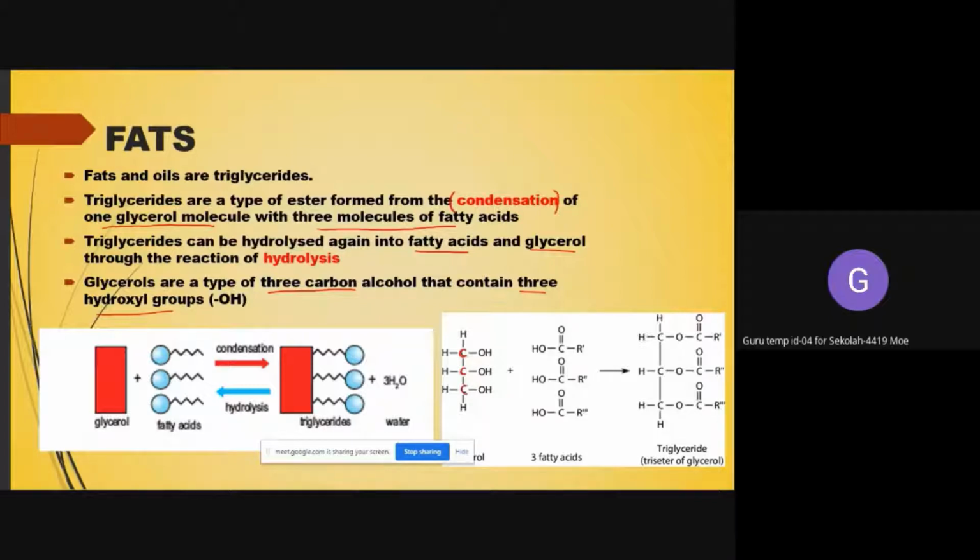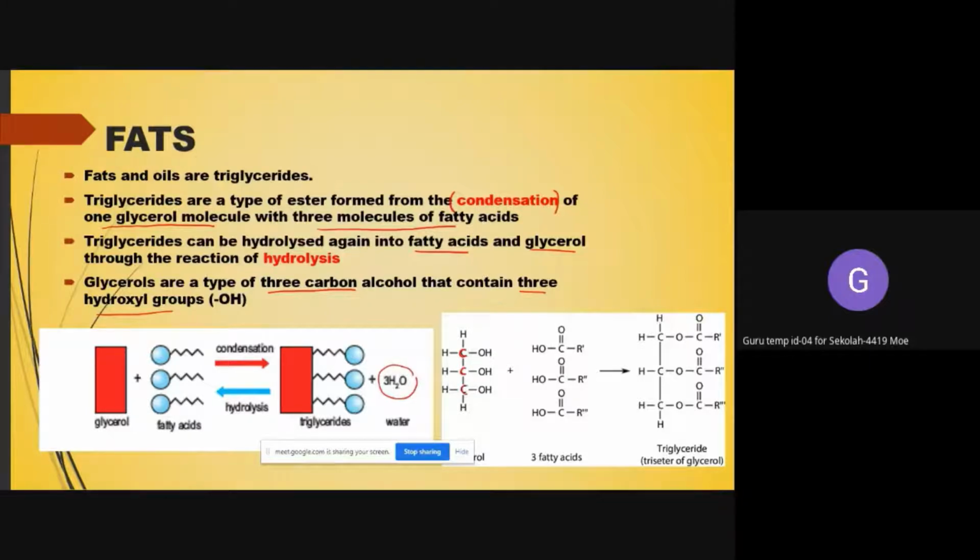So in the previous lesson you have learned that condensation will remove water molecule. So sama juga dengan condensation untuk triglyceride ni. It will remove 3 water molecule. So dari mana datangnya 3 water molecule tu?